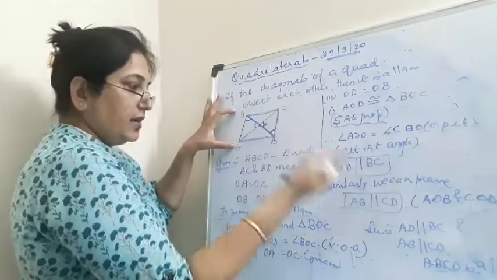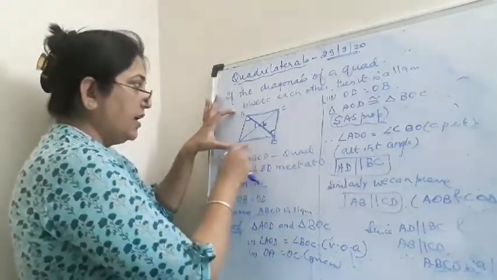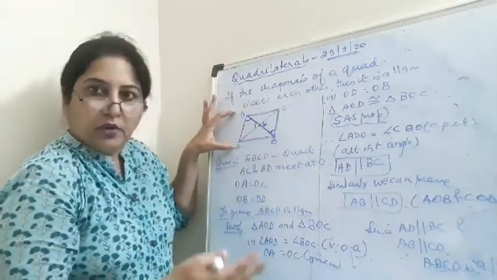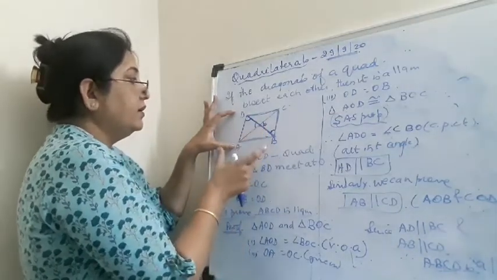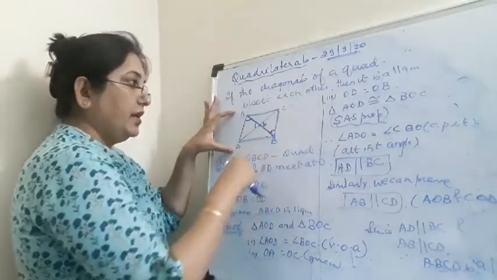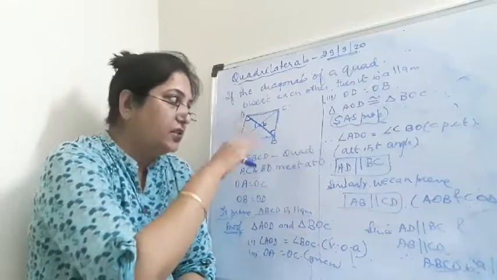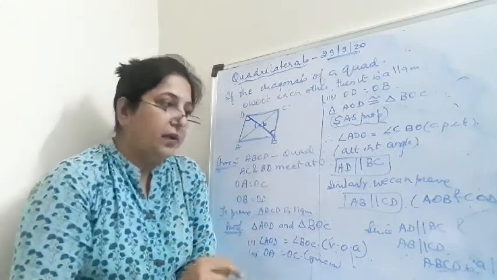Similarly, in the second part, you can directly write that similarly AB is parallel to CD, and you can try out the proof yourself taking these two triangles to be congruent, and then AB is parallel to CD, AD is parallel to BC. Hence, since the opposite sides of the quadrilateral are parallel, therefore ABCD is a parallelogram.